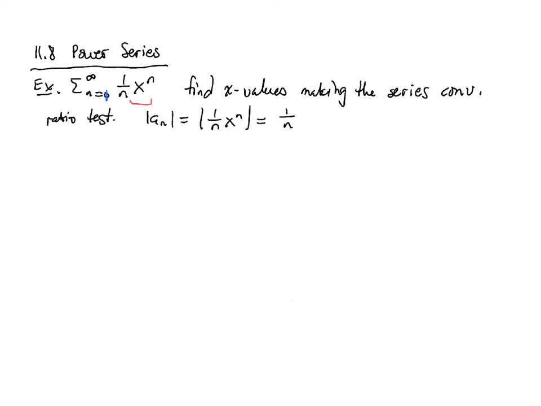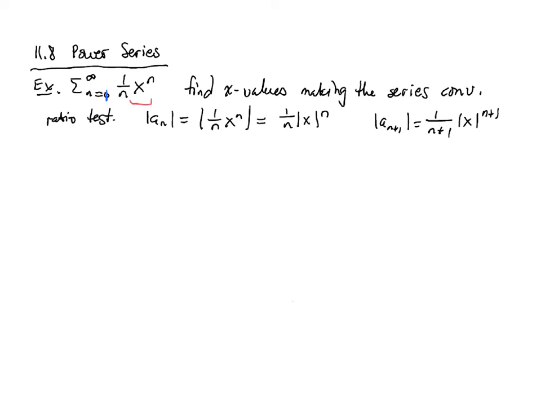And so we have 1 over n times the absolute value of x to the n. The power of the absolute value is the absolute value of the power. And so the absolute value of a_(n+1) can be written as 1 over n plus 1 times the absolute value of x to the n plus 1.